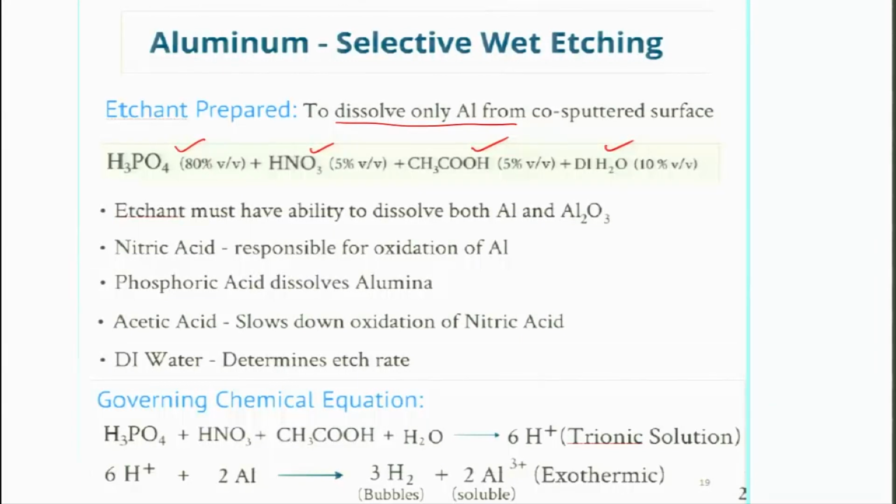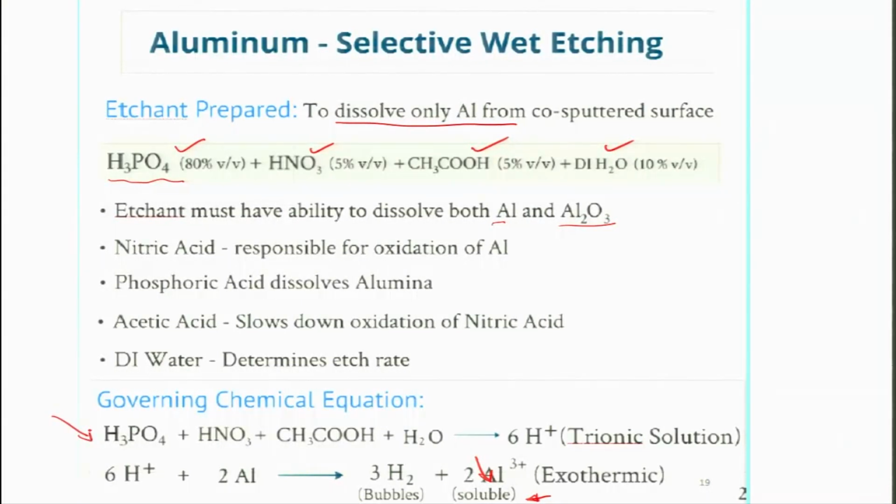There is a reaction between H3PO4 and aluminum oxide, where aluminum phosphate is formed, and this aluminum phosphate, as you can see here, is solubilized. So, it comes back into the solution. Wherever there is a presence of aluminum or aluminum oxide, there is a formation of the +3 state because of electron transfer chemistry generated through the etchant.